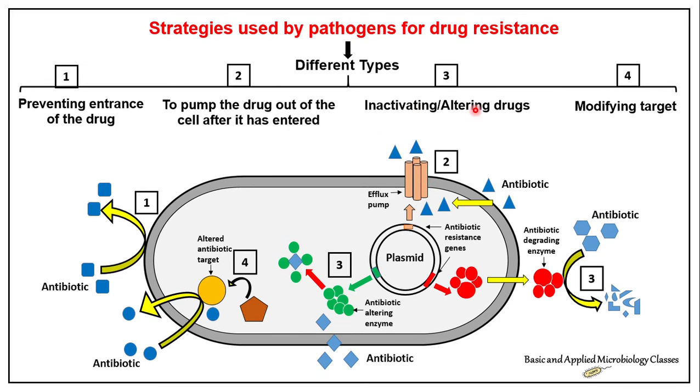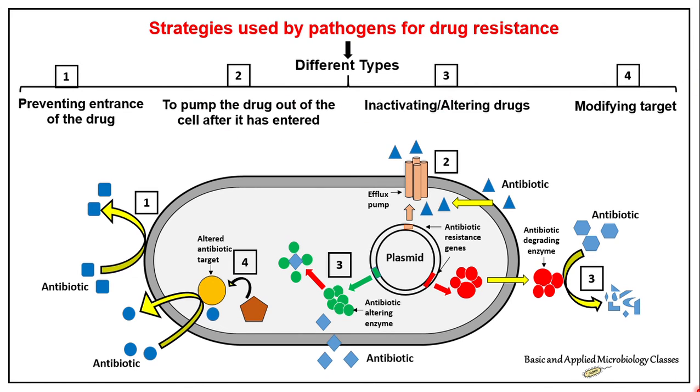For inactivating or altering drugs, what kind of antibiotics are there against which bacteria develop resistance using this strategy, and how is the target modified. With the help of some examples, we can better update our knowledge regarding these strategies. So let's take each of these strategies now one by one with some examples.